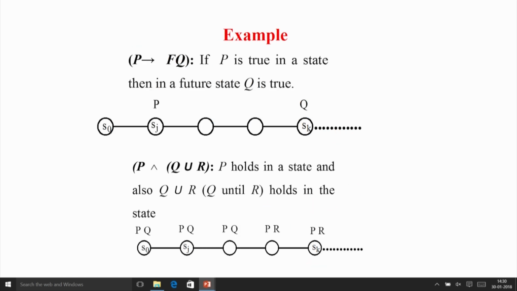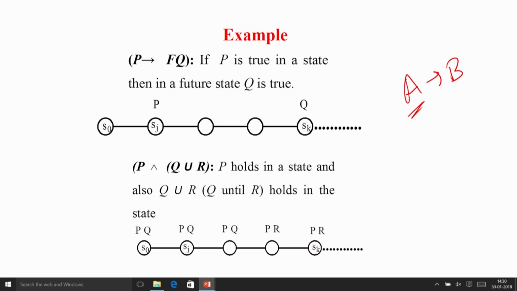Now we will take slightly more combinations, like in this case it is saying P imply in future Q. One very important thing I should tell you, you might have done this in logic but you still should remember. What does A imply B mean? It means if A is true, B has to be true, but there is something called vacuous truth here. If some place A is false, in that case the implication becomes vacuously true.